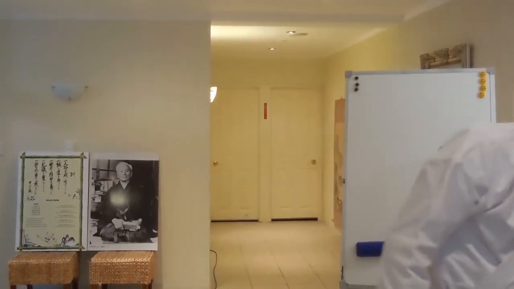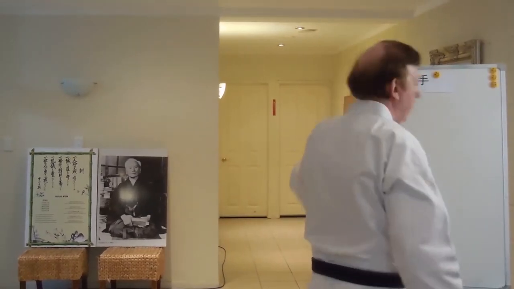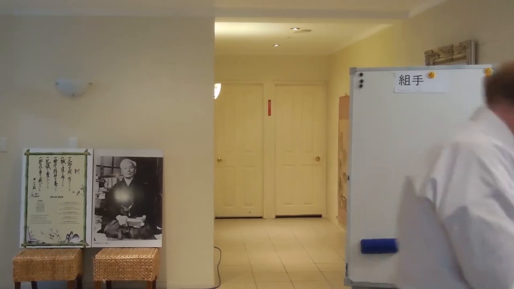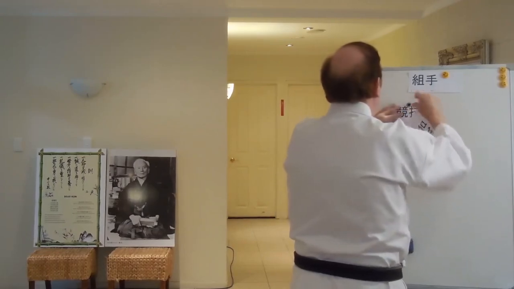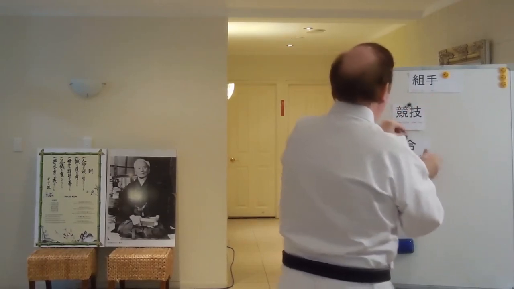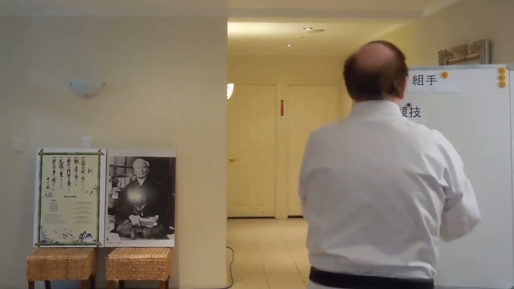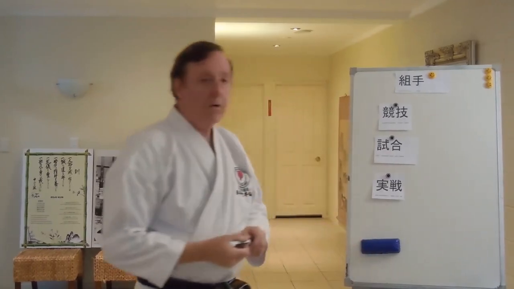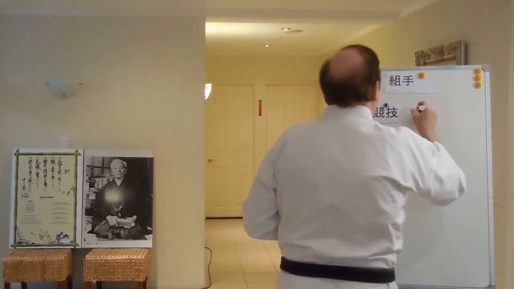So first of all, just put up the KUMITE kanji again, and now we're going to go into the three, let's call it, different types of KUMITE. Now the first type of KUMITE that we do in the dojo is called kyogi KUMITE.